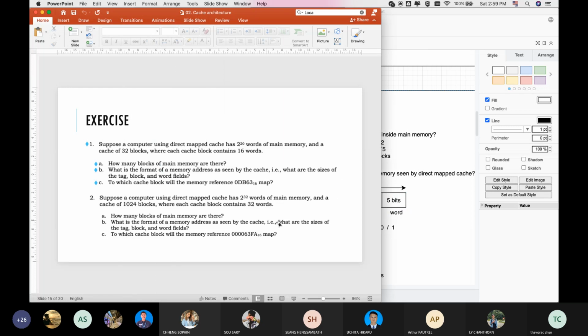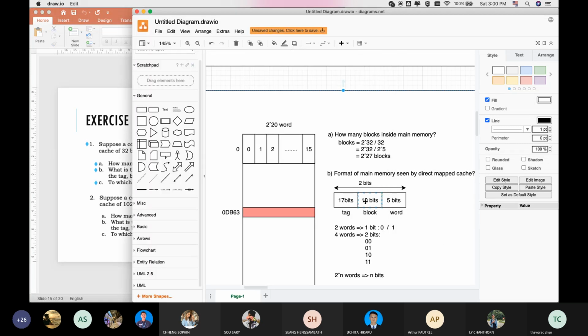And then we need to figure out how many blocks inside our cache. Okay. From here, you see the cache is composed of 1024 blocks, which is equal to 2 power 10 blocks. That means we need 10 bits to encode each block inside our cache. So this means it is correct as well.